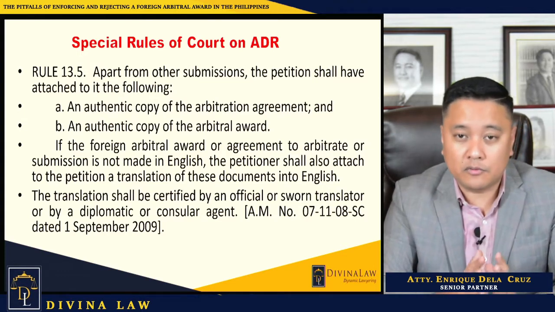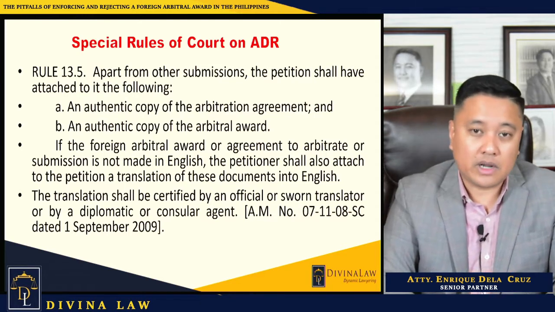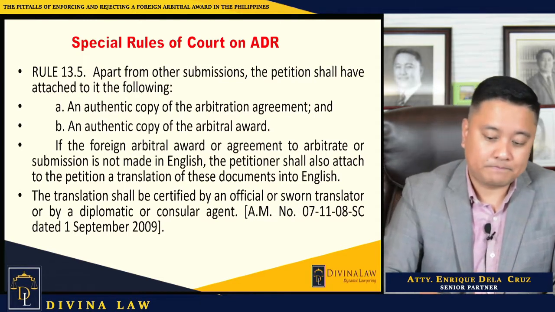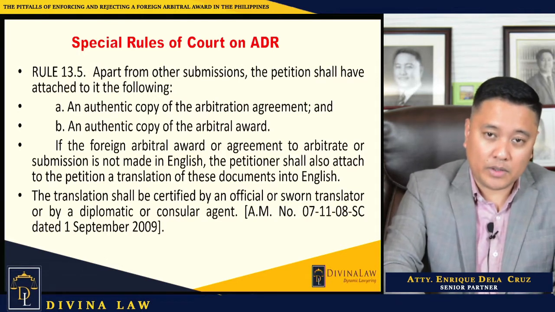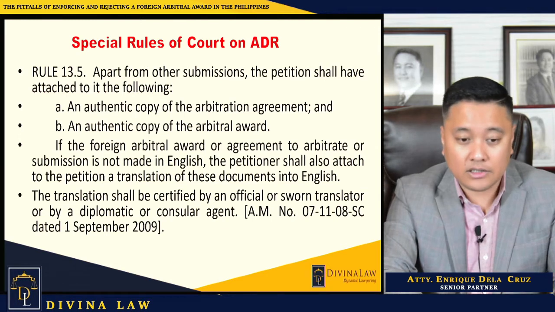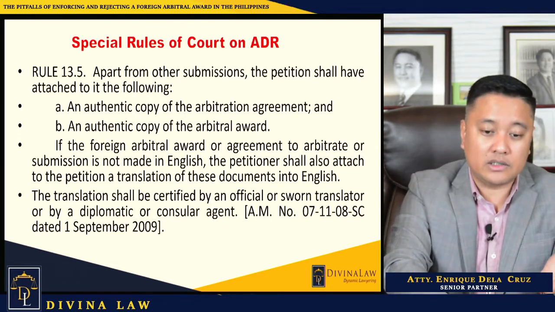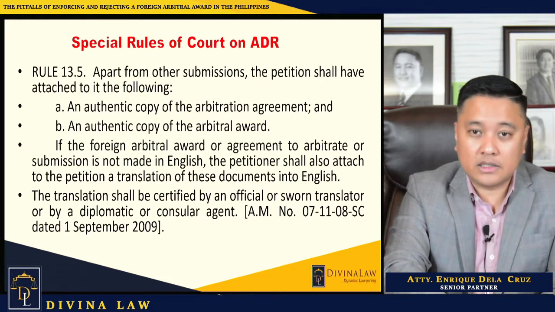So you need to file a motion to ask the court to treat these records as confidential. If it's in a foreign language, you need to submit a translation in the English language from a diplomatic or consular agent or an authorized translation.